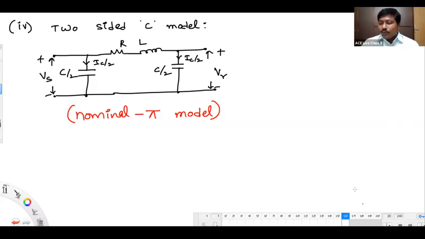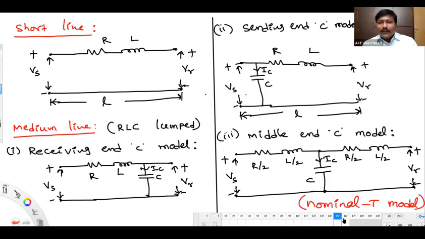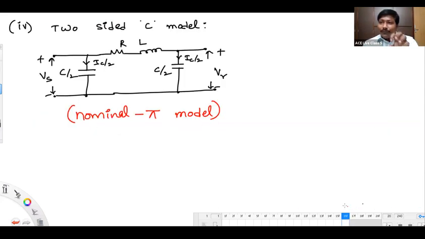In that perspective, nominal T and nominal pi will give analysis results close to the exact model, so we can use either of these two models for line analysis for medium lengths.